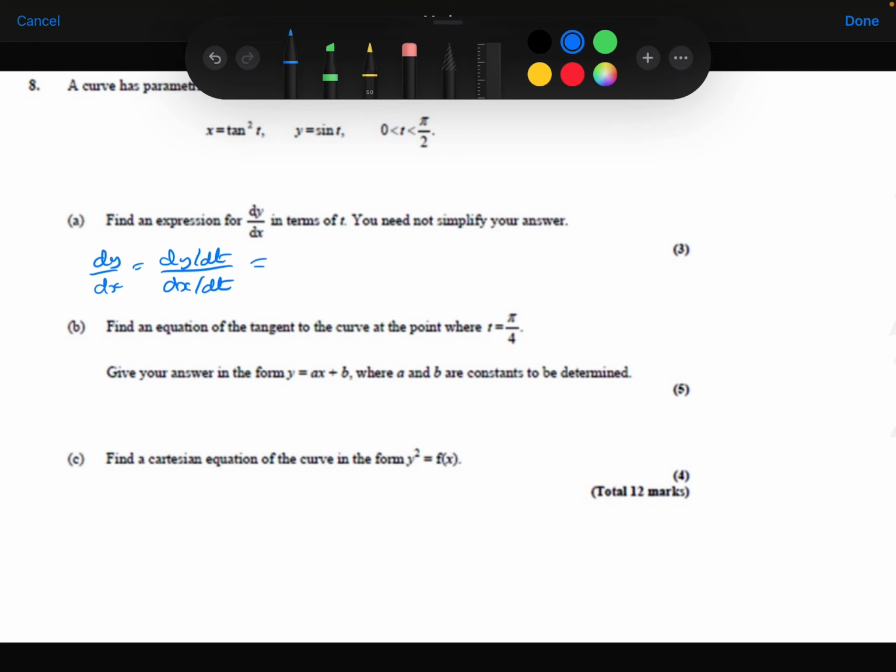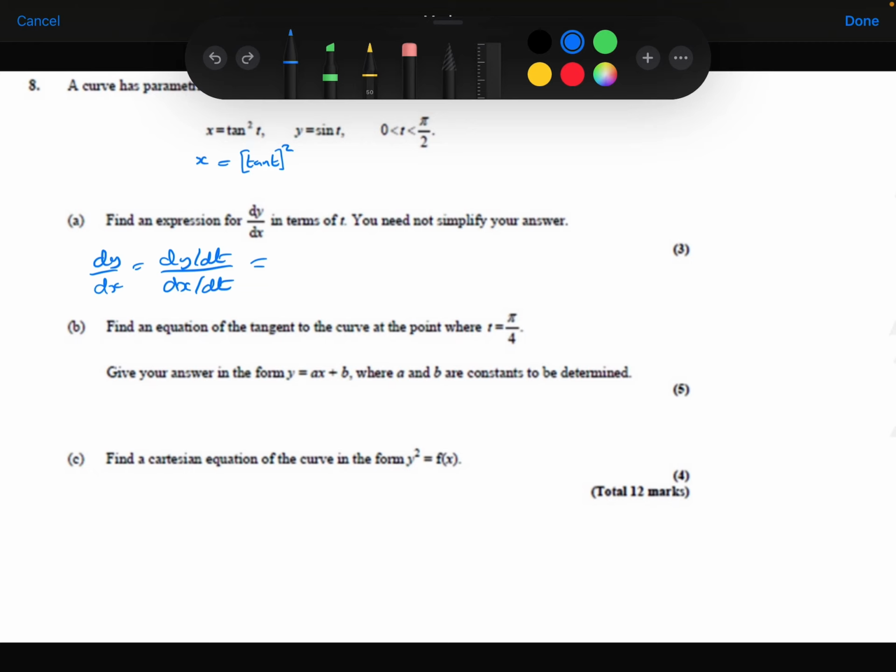So first we're going to differentiate our x and y functions with respect to t. The x function, x equals tan squared t. Just to help me demonstrate the chain rule here, I'm going to write this as tan t all squared, like that. This is the same thing as this.